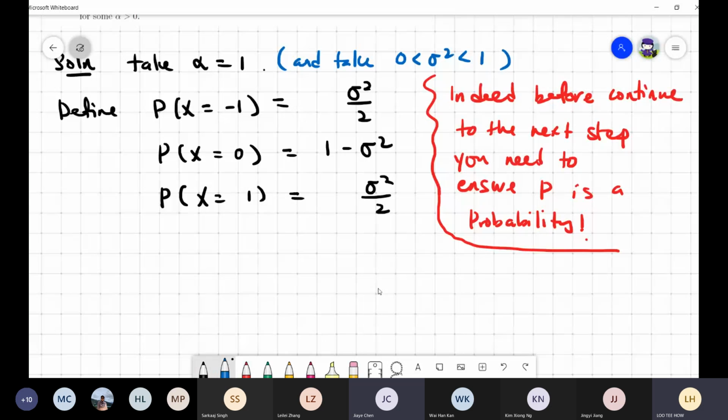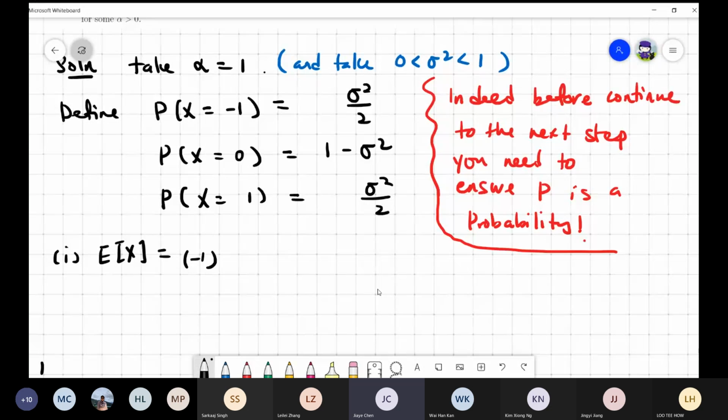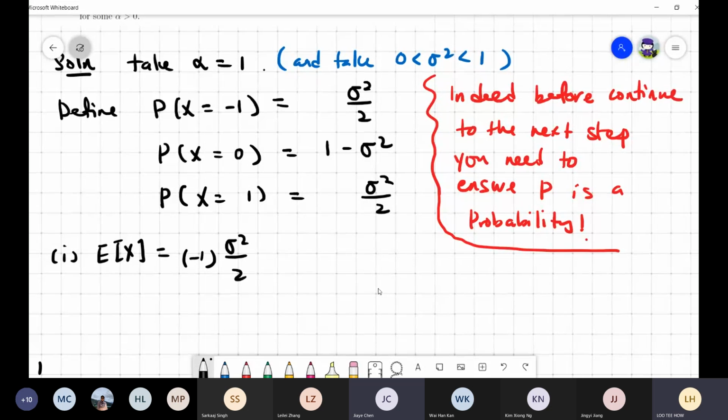Okay, we define it. Next, one by one, I think it's quite straightforward. We can do it step by step. So E[X], I think it's clear, right? It's -1 multiplied by sigma square over 2, plus 0 multiplied by 1 minus sigma square, plus 1 multiplied by sigma square over 2.